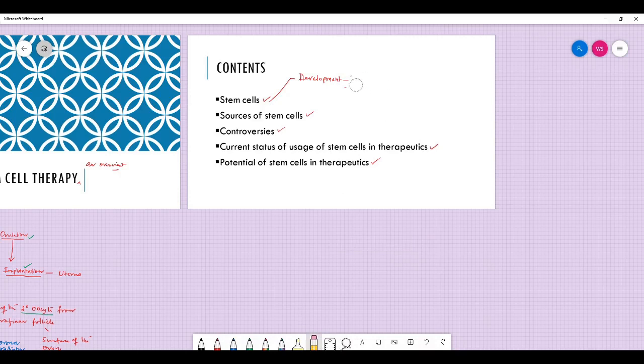So we talked about two cells. Which were the two cells we talked about? We talked about totipotent cells and we talked about the inner cell mass cells, and we said that inner cell mass cells are pluripotent. Then we looked at the definition.